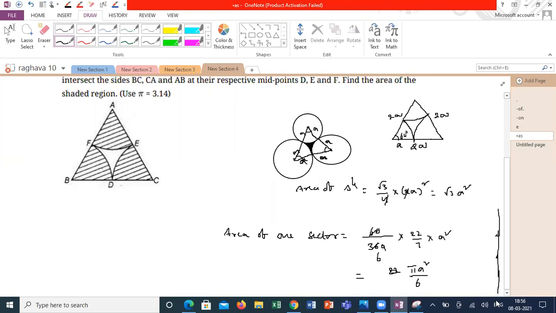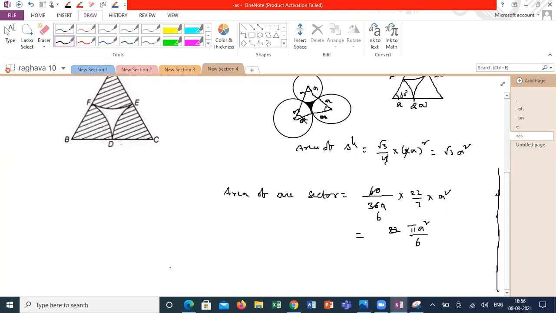How many sectors are we having? 3 sectors. Area of 3 sectors is 3 into pi a square by 6, so this is pi a square by 2.